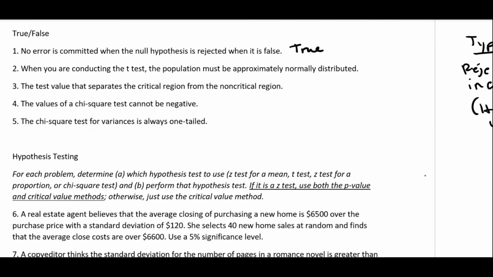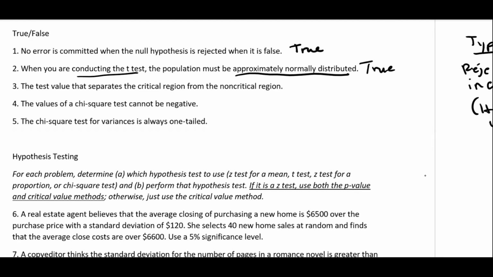If the population is approximately normal, then yes, we can use a t-test. Remember that in addition to being normal, the population standard deviation must be unknown, and you also have to have a small sample size.